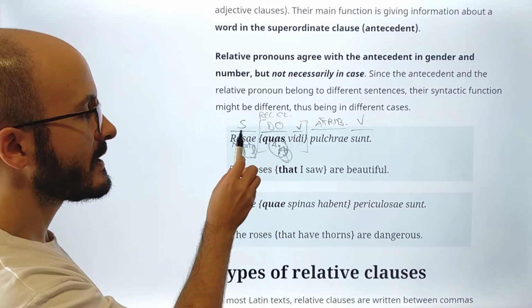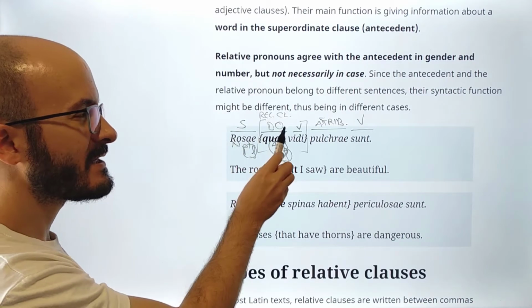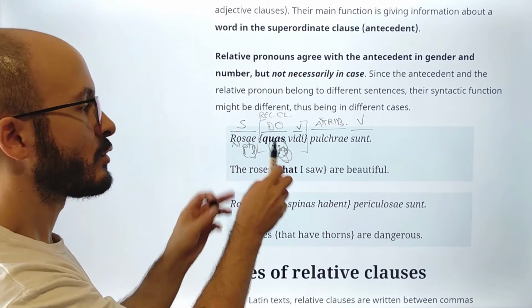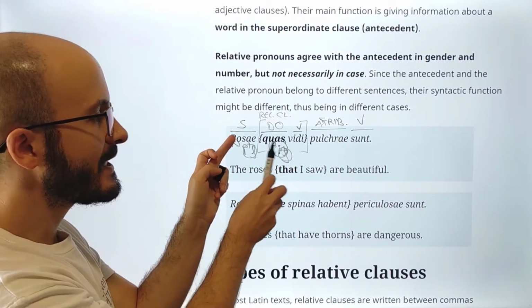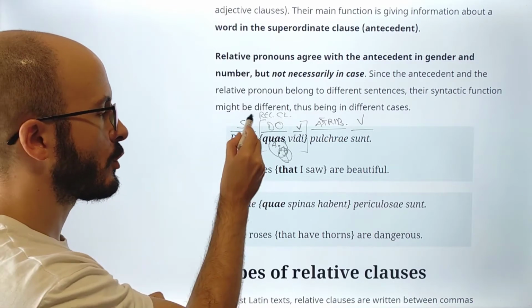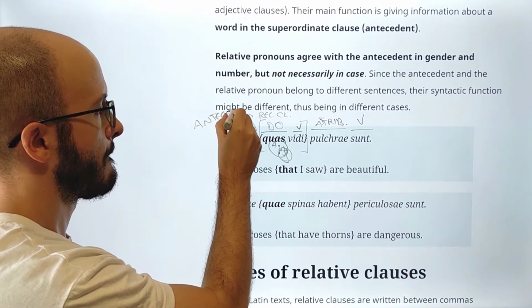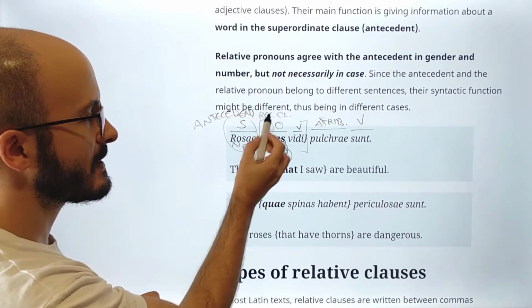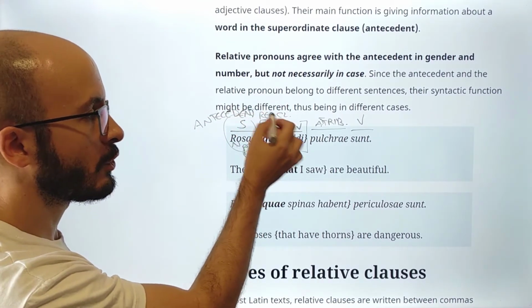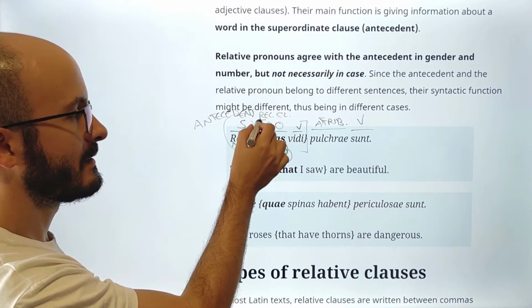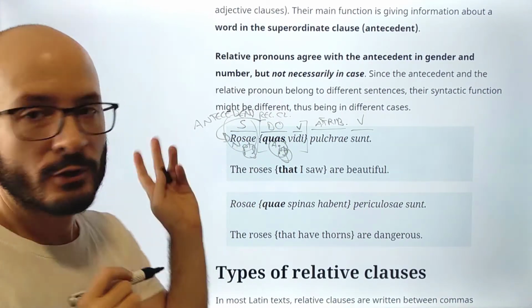Okay, so this is the subject, this is the direct object. So that's why, because this refers to Rosae. So Rosae, this is the antecedent. This is the antecedent, so the relative clause has as antecedent Rosae.